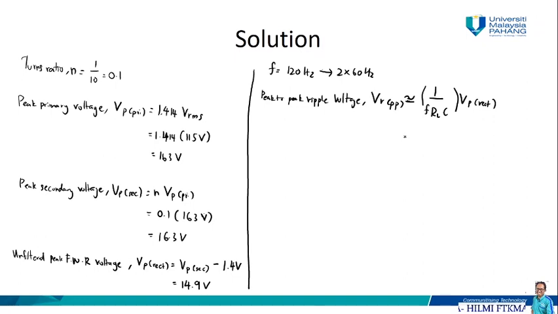So we can substitute the values: 120 Hertz, then RL is 2.2 kilo ohm, capacitance is 50 microfarad, times the rectified peak voltage 14.9 volt, and we should get the peak to peak ripple voltage is 1.13 volt.